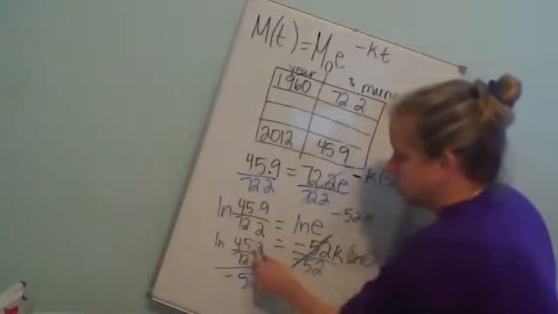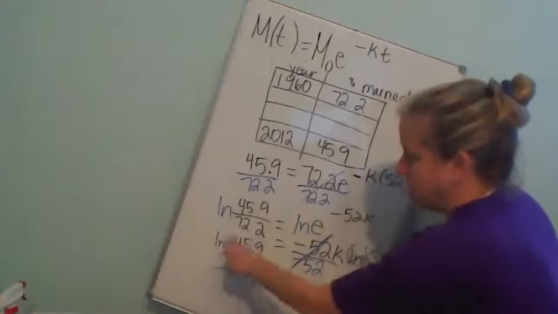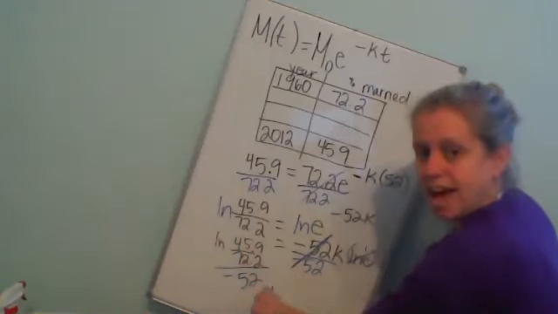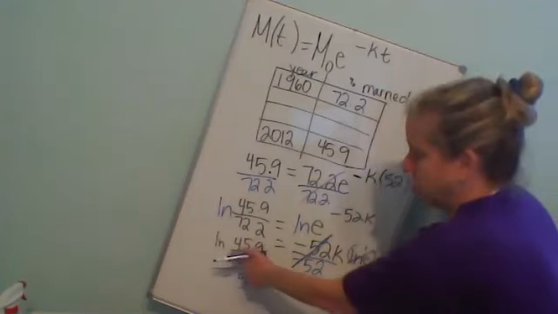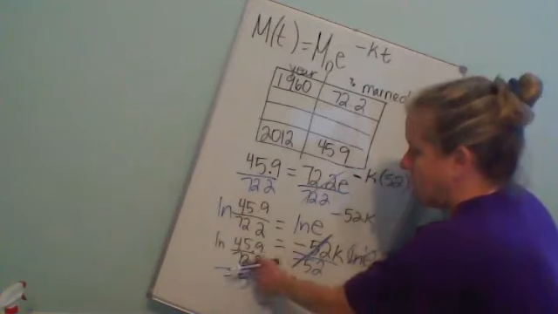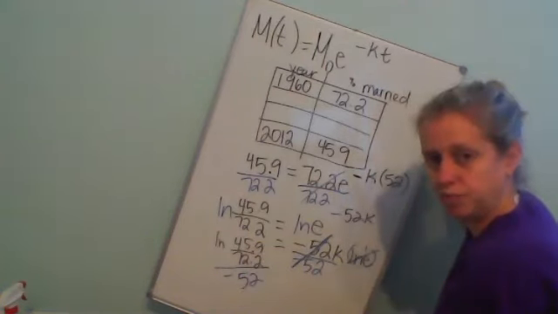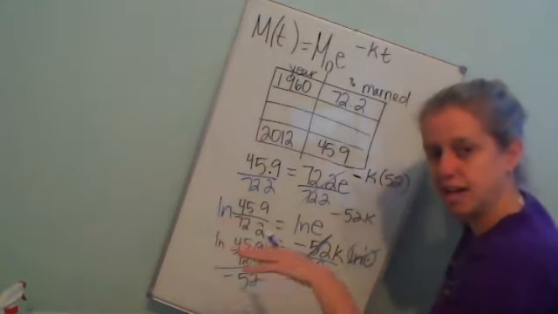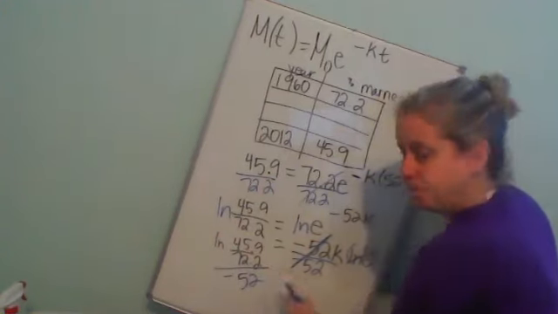So here's what needs to go in your calculator. This whole side right here, if I can do this math, I'll know what the K is. So in my calculator, I need ln of 45.9 over 72.2, close parentheses, divided by negative 52.